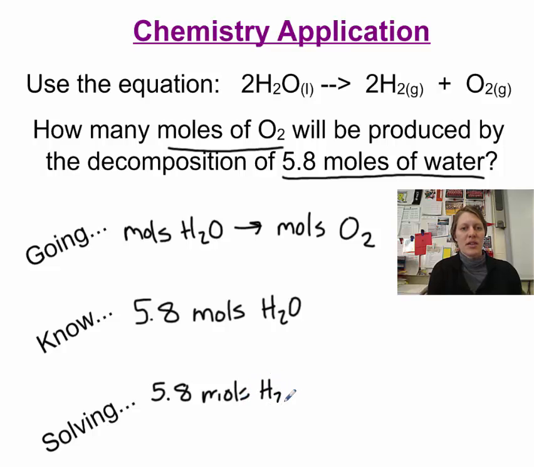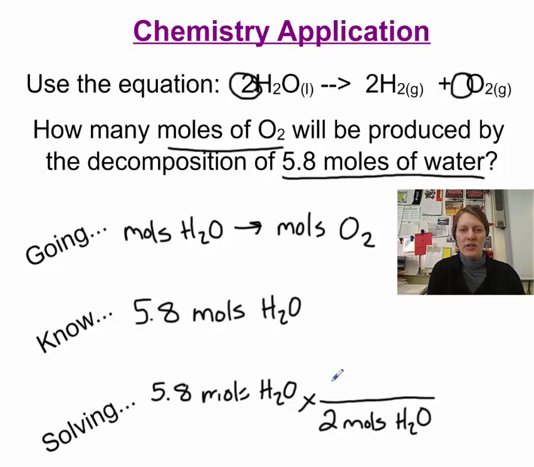And I'm going to use that dimensional analysis to cross out my units. Now in order to do that, I have to look up here at the coefficients. What's my mole ratio? I have 2 moles of water compared to 1 mole of oxygen. So I'm going to write the moles of water on the bottom, so that way I can cross out my units from what I started with.